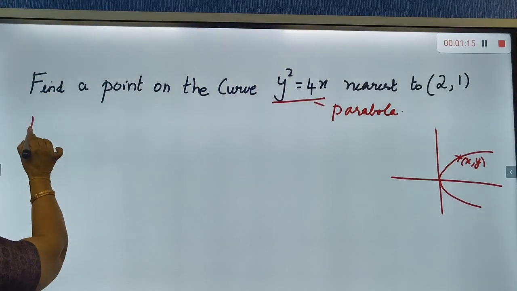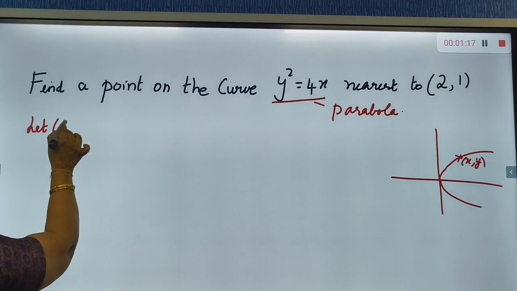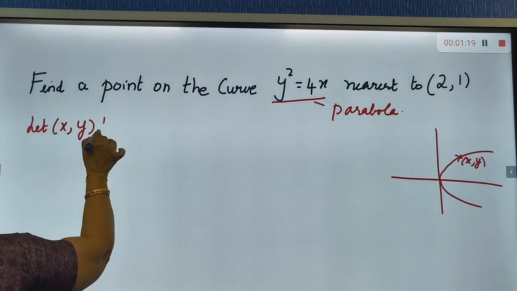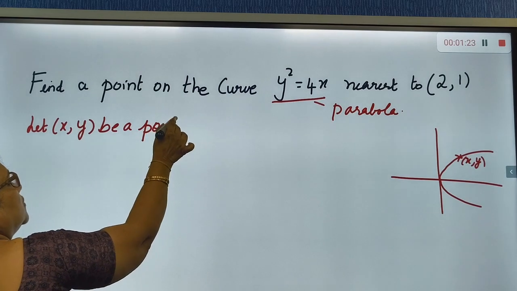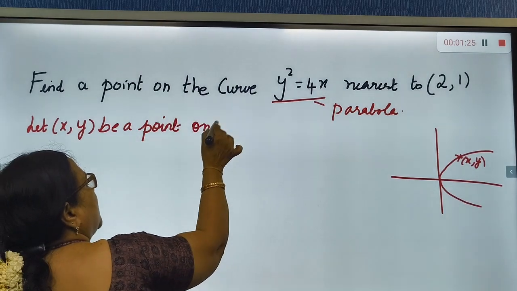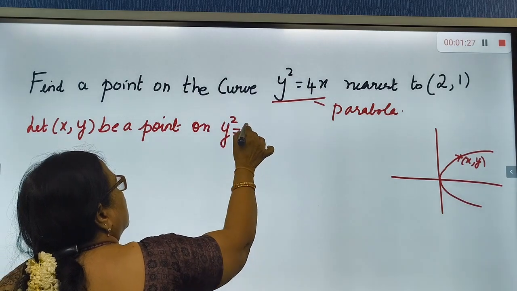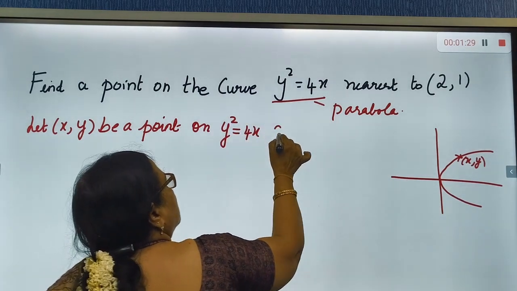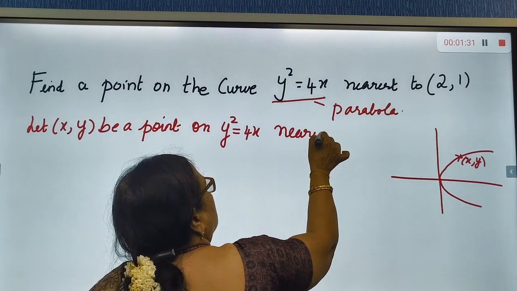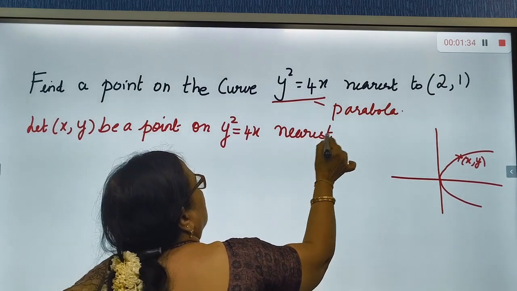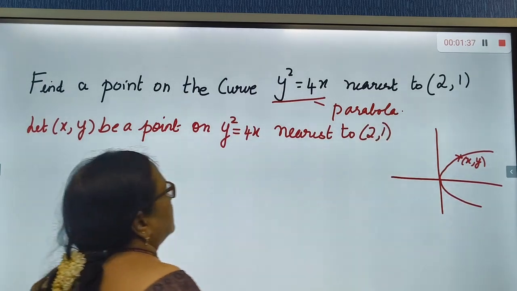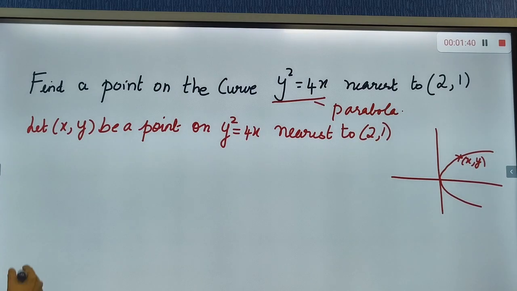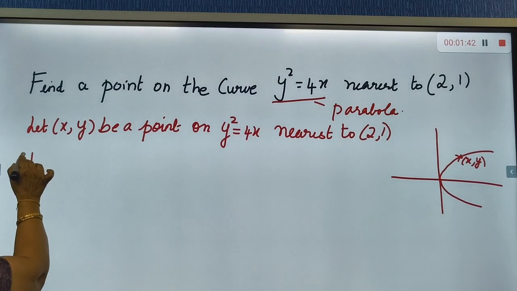So let x, y be a point on y square equal to 4x which is nearest to 2, 1.